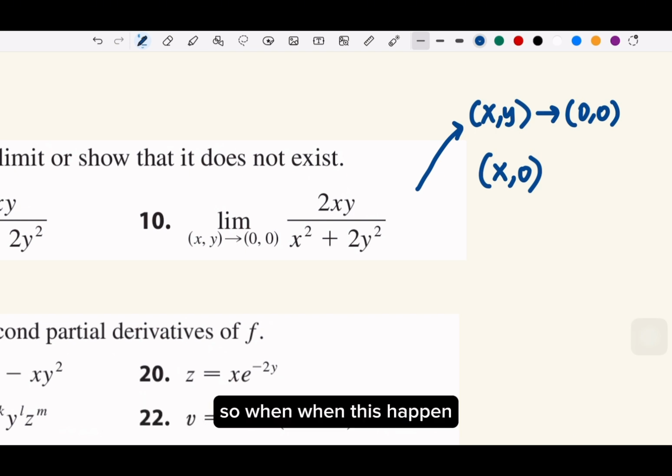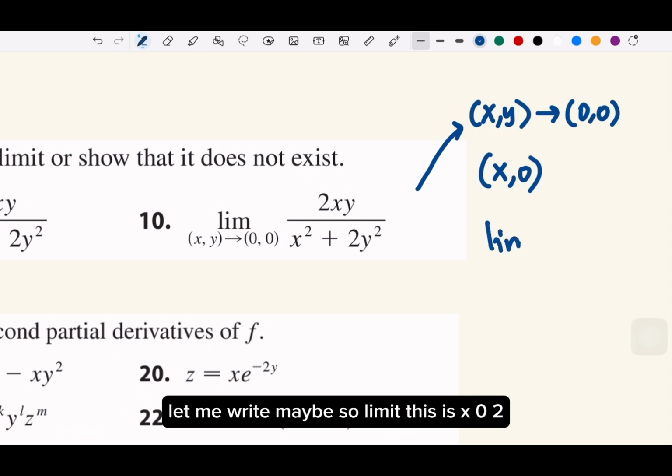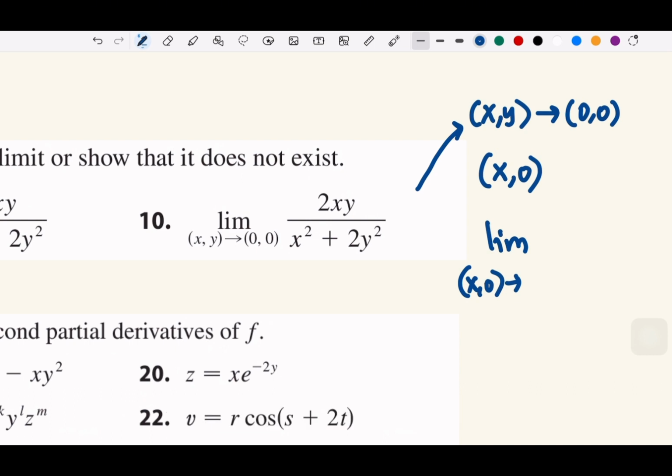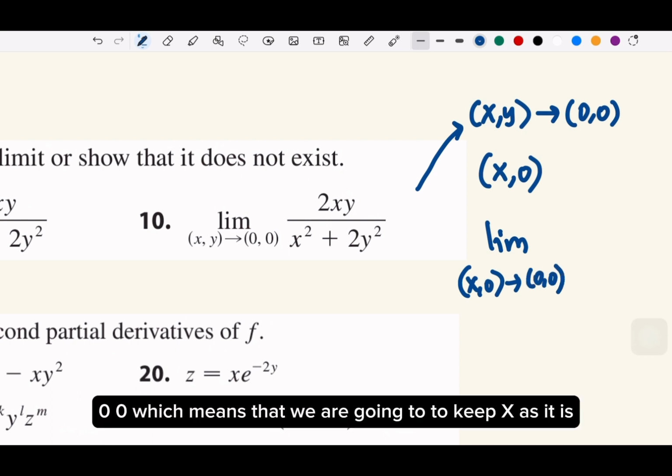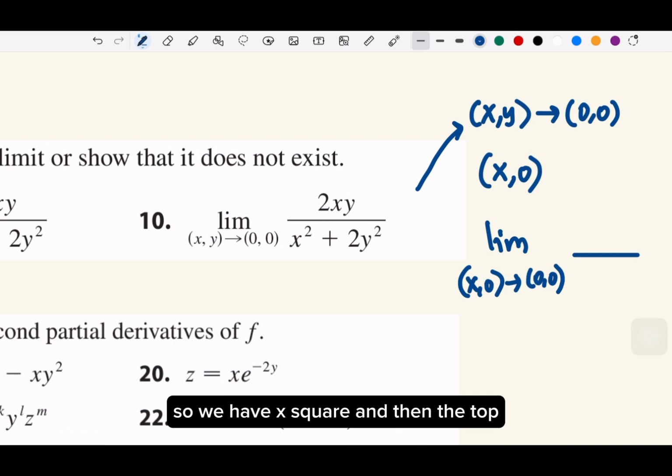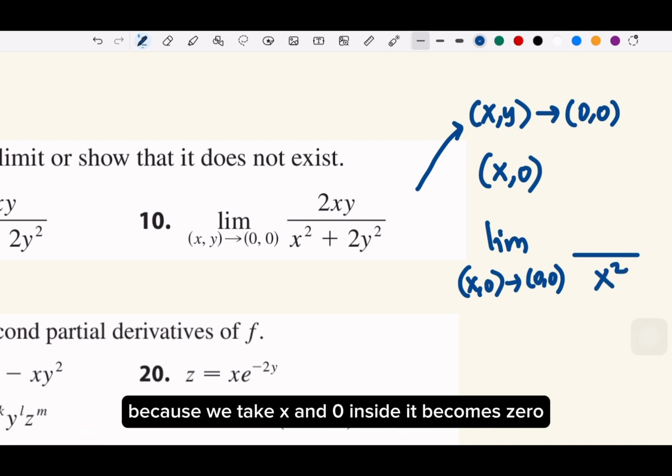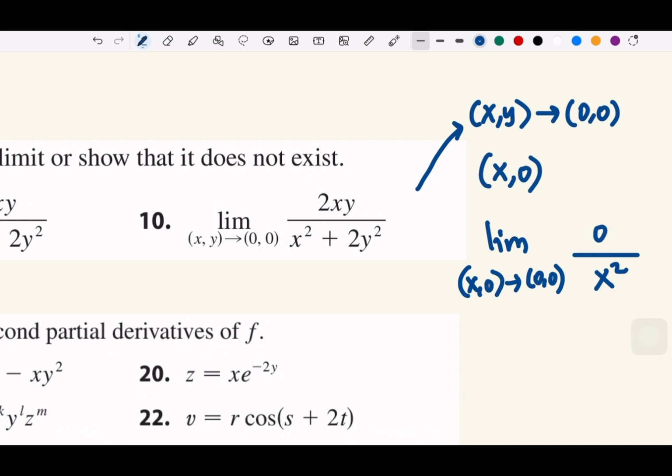So when this happens, let me write, the limit, this is x, 0 to (0, 0), which means we are going to keep x as it is. So we have x squared at the top, and because we put x and 0 inside, it becomes 0.